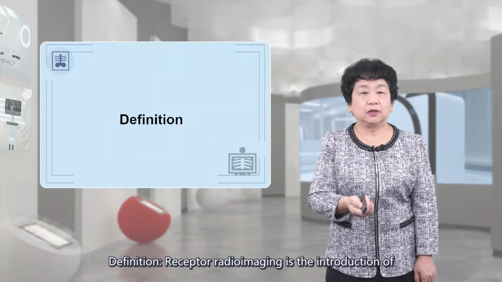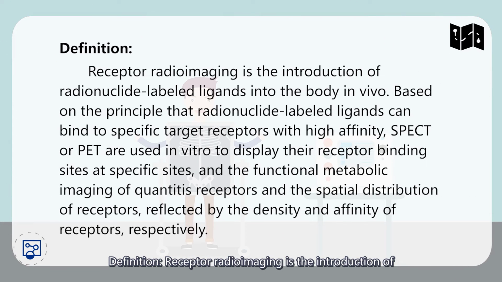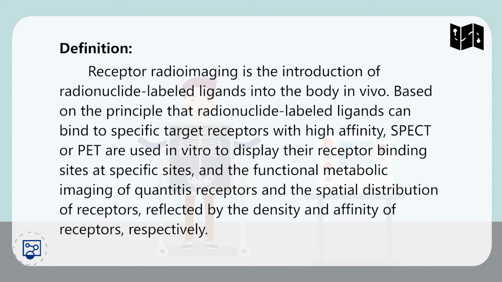First, the definition. Receptor radioimaging is the introduction of a radionuclide labeled ligand into the body in vivo.